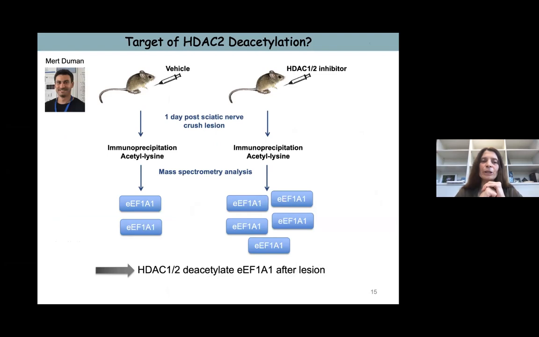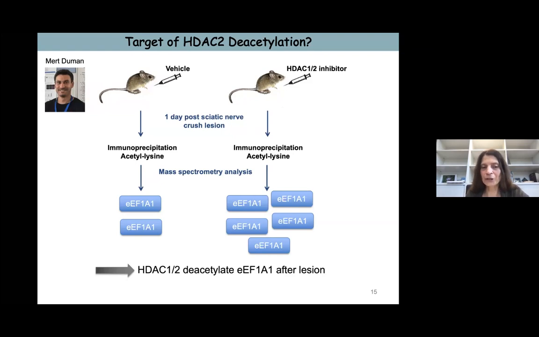And then he did an immunoprecipitation of acetyl-lysine, and he sent that to mass spec. If there's a direct deacetylation target of HDAC1/2, we were expecting to have more of it in the IP on the nerve of the mice treated with the HDAC1/2 inhibitor.